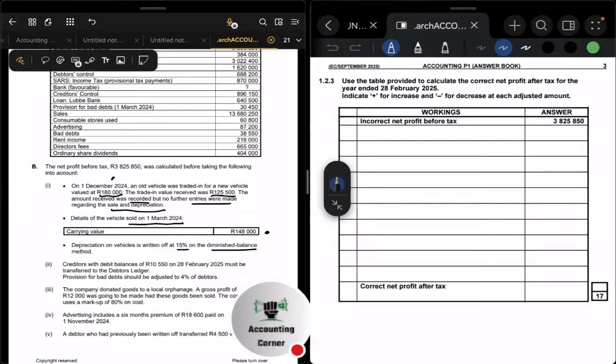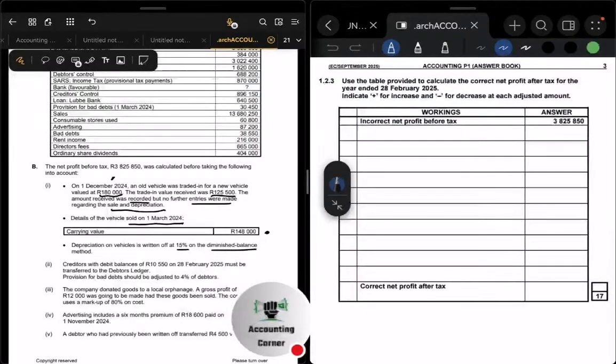So we have on 1st December 2024, the old vehicle that was traded in for a new vehicle valued at 180,000. And we're told that the amount received was recorded, but no further entries were made regarding the sale and depreciation. So let's start with the sale.